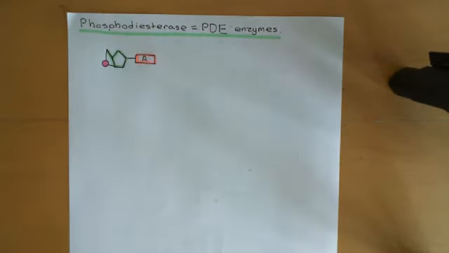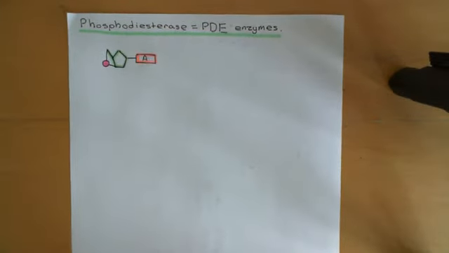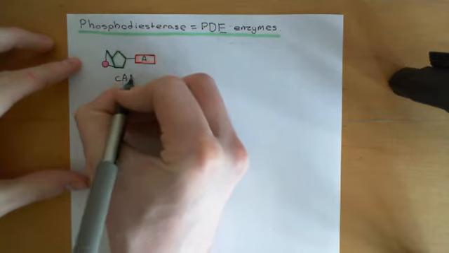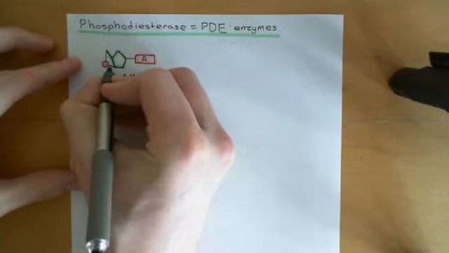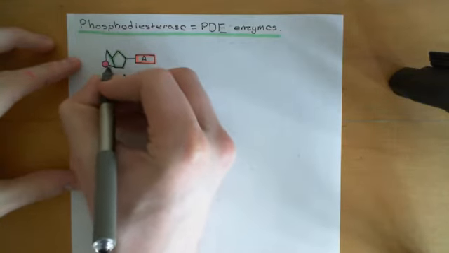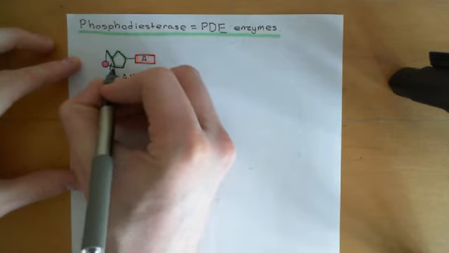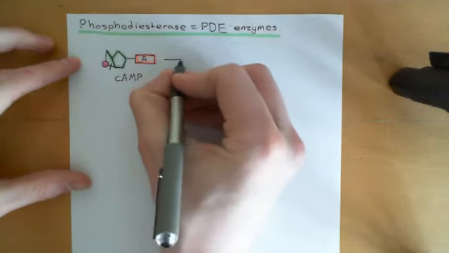And basically the phosphodiesterases which break down cyclic AMP are going to convert the cyclic AMP into just AMP. They're going to break basically this bond that makes the molecule cyclic. They're going to break the bonds between this phosphate group here and the 3rd carbon of the ribose sugar.